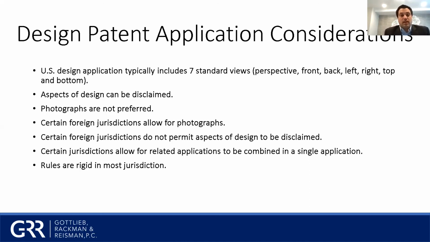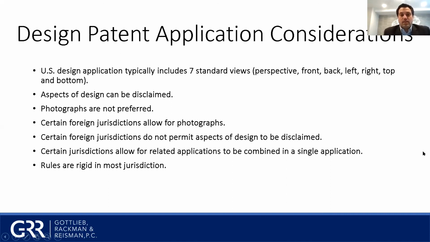The other thing that I will say is that in Europe and now in the UK, which is more recent with the exit of Brexit, you're allowed to combine multiple related applications, quote unquote families, into one patent application, or possibly 2, depending on the number of views and applications.